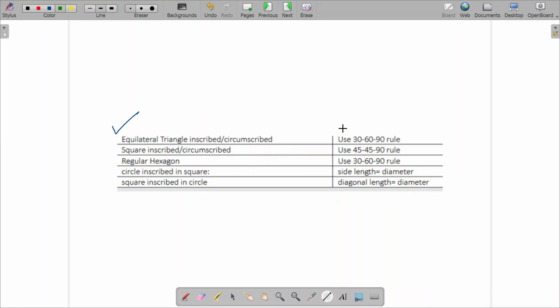So always remember, whenever a circle is inscribed inside an equilateral triangle, in that case you will always get a 30 60 90 triangle. Remember this point.